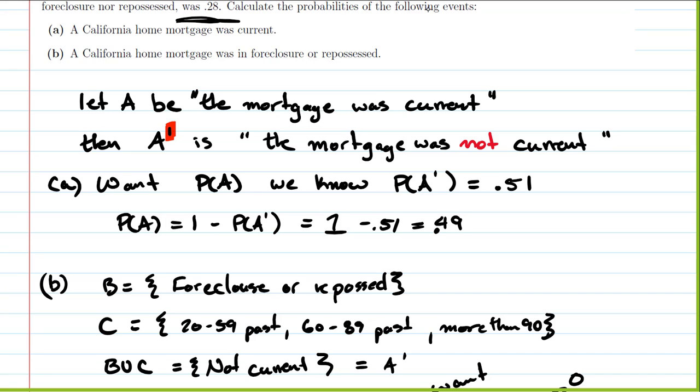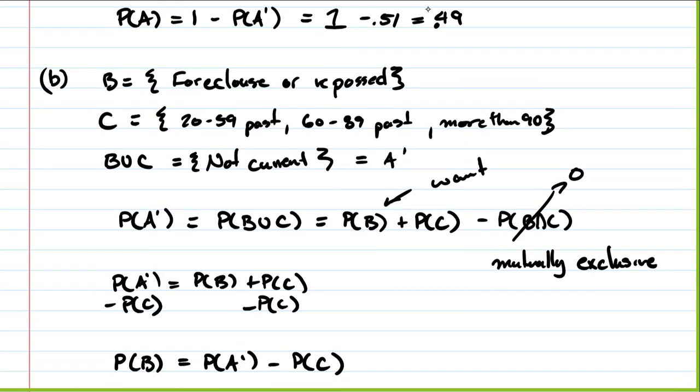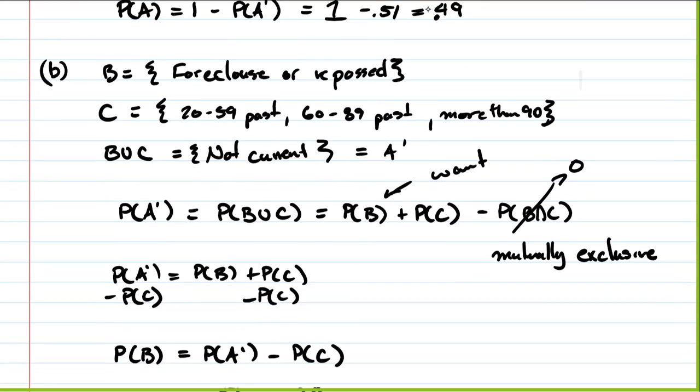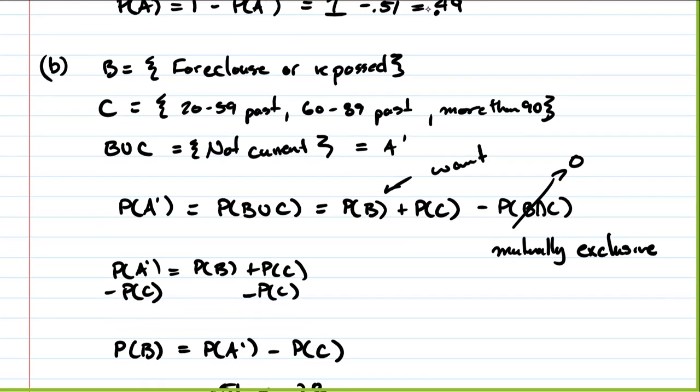I defined B and C in terms of another event A, but these two events were mutually exclusive, and together they made all of A prime. So that was really the key ingredient there, because then I could use the formula. If I knew that B and C together made up A prime, I could use that because I knew the probability of A prime, right?